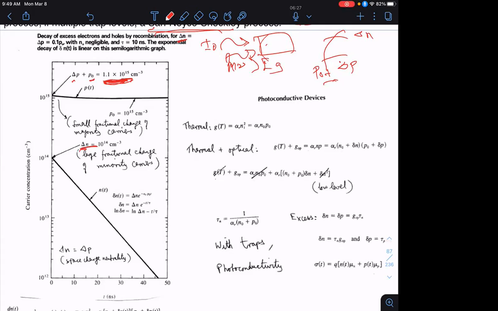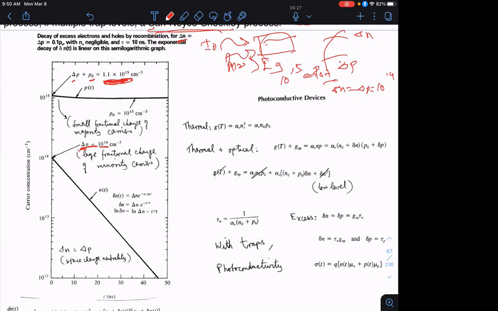On the other hand, if I look at the minority carrier concentration, because of the number of photons per second that I'm shining in, I'm creating 10^14 minority carrier electron concentration. So delta N equals delta P equals 10^14 per centimeter cubed, while P0, the starting hole concentration due to doping, is assumed to be 10^15.